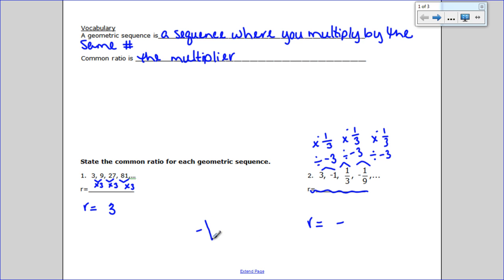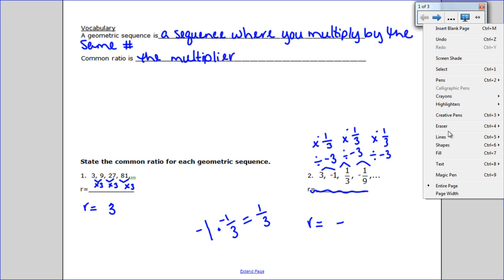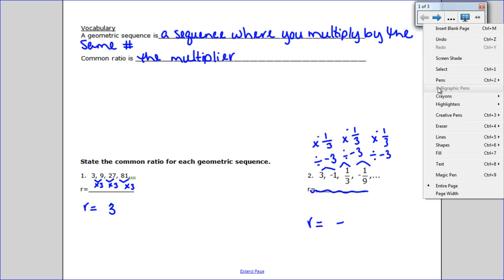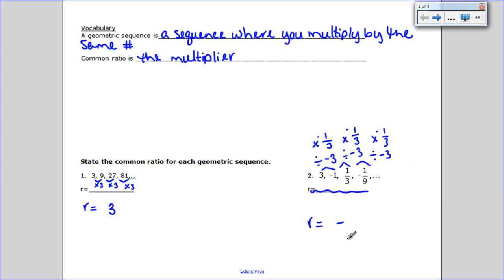If I do negative 1 times negative 1/3, the two negatives will make a positive, and then 1 times anything is just that same number. That's the easiest way to see it. Dividing by 3 is just like multiplying by 1/3. And we're going to use the 1/3 because when it asks for the common ratio, it means what are you multiplying by, not what are we dividing by. So we are multiplying by negative 1/3.